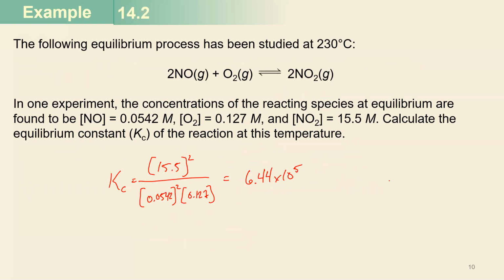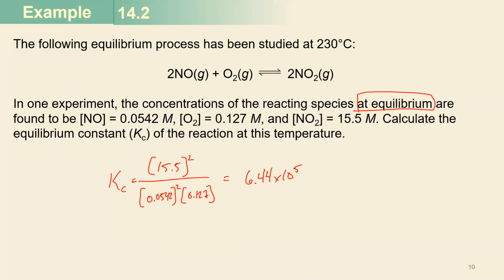Now this is important. It tells you that these are the concentrations at equilibrium, right? If it told you that these were initial concentrations, for example, there's no way for you to find Kc. The concentrations have to be at equilibrium in order for you to calculate Kc. Again, this is one of the ones from the previous slide, and so we knew what Kc was.